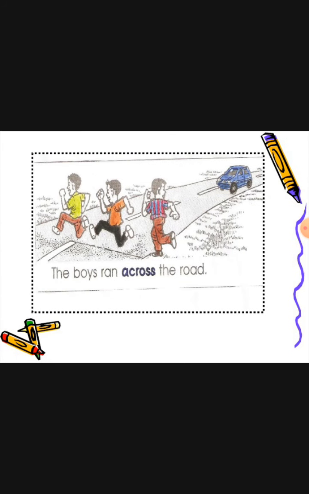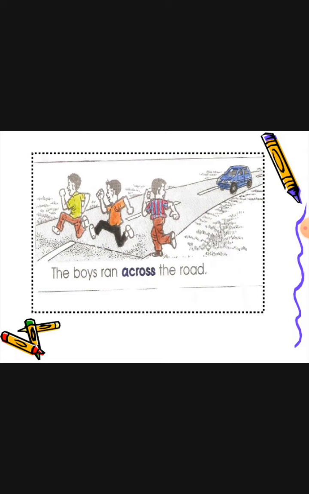Next, the boys ran across the road. Across means from one point to another. When you cross, we can see in the picture that they are crossing. So for crossing we have to use across. The boy ran across the road from one point to another point. I swam across the river. It means from one end to another end.